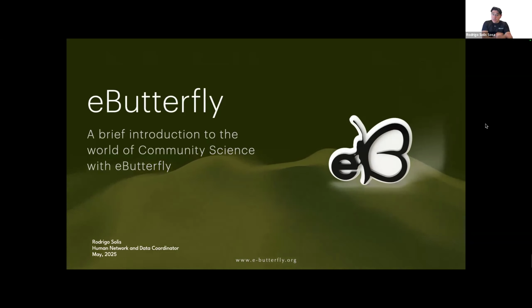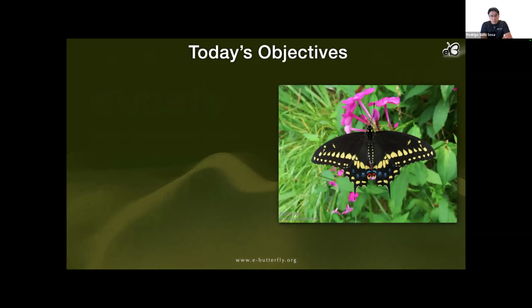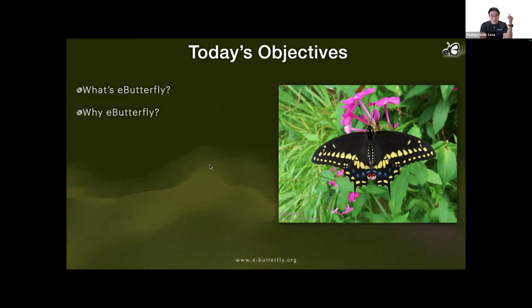So let's start with this. It's a brief introduction to the world of community science with eButterfly. The main objective today is for you to know what eButterfly is. Second, very important, why eButterfly? As you'll see throughout the presentation, that's the first thing many people ask: I already use other platforms, so why should I use eButterfly?